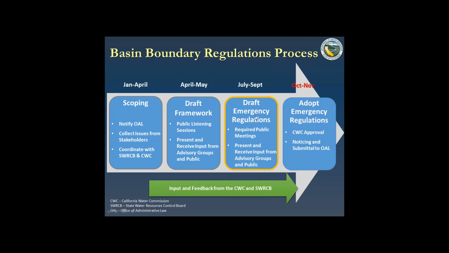Then we draft emergency regulations and post those publicly for people to provide comments, make edits as needed, and then finally go to the California Water Commission for approval, and then noticing to the Office of Administrative Law. And of course, during this whole process, we're working with the California Water Commission and State Water Resources Control Board to get their input and feedback.